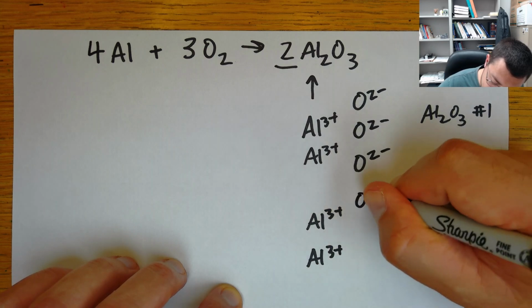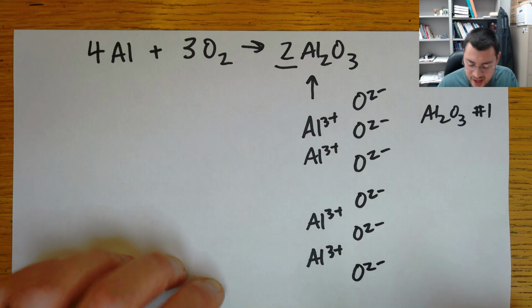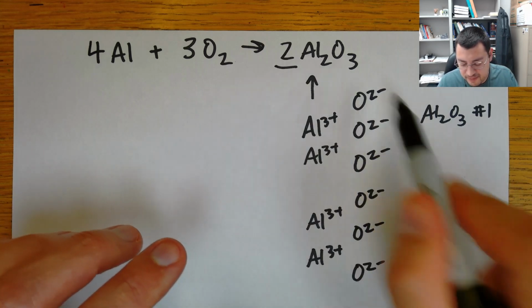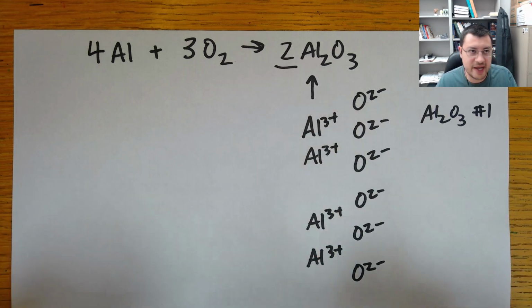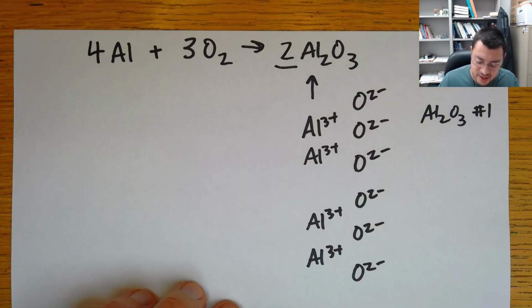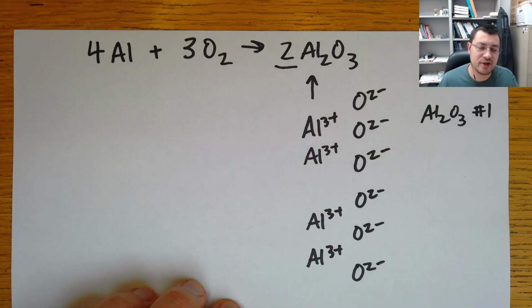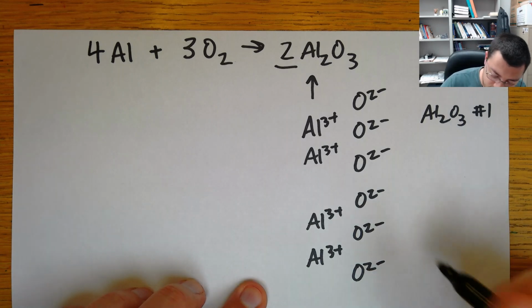All right, and in a real crystal lattice of aluminum oxide, you would have a perfect mixing between the pluses and minuses to maximize the attractions and minimize any repulsions. But in this drawing, I'm just drawing everything neatly arranged and close to each other, even though it does not really reflect reality.